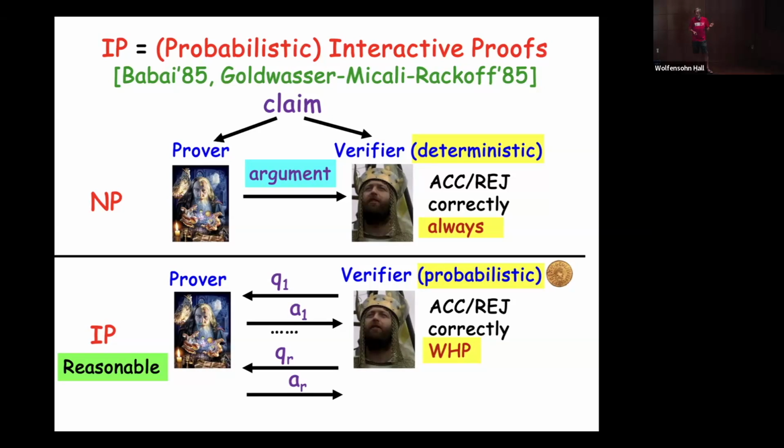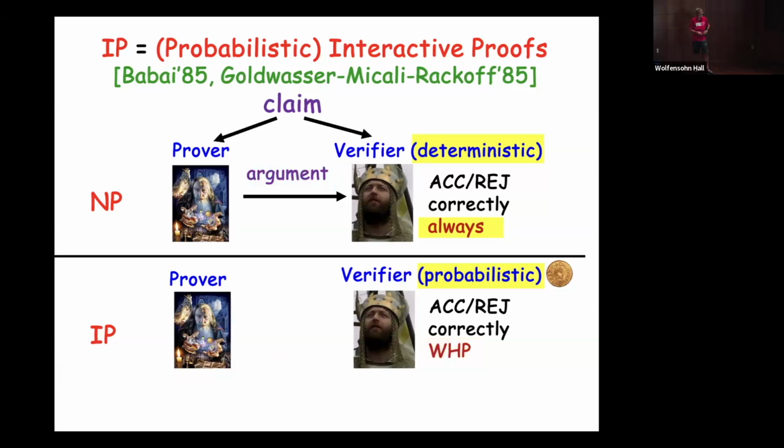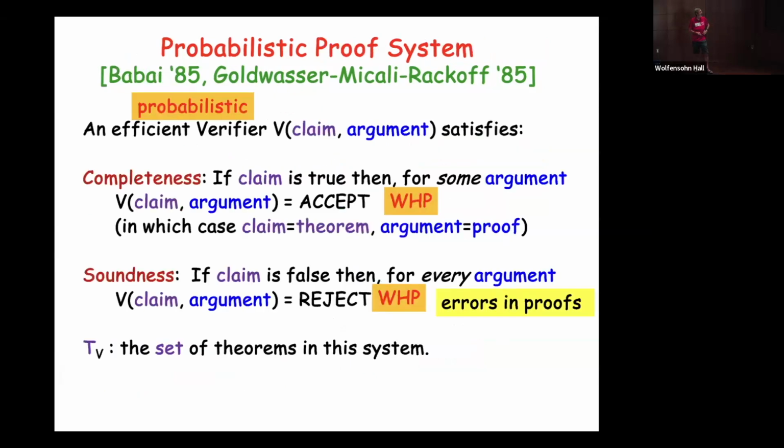A good question for this model, for any model that you introduce in any field, is whether it's reasonable. No, because it's with high probability. So there are these things the verifier accepts with high probability, and these are the theorems.